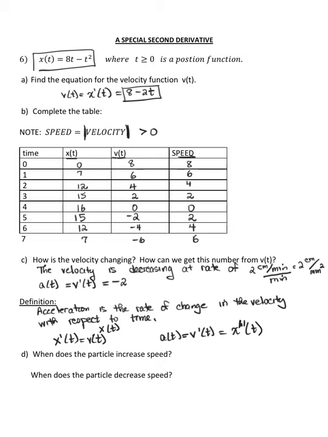So the second derivative, the acceleration, is always in terms of the y unit, let's say centimeters, per time squared, which is minutes squared, or the unit for the velocity per time.